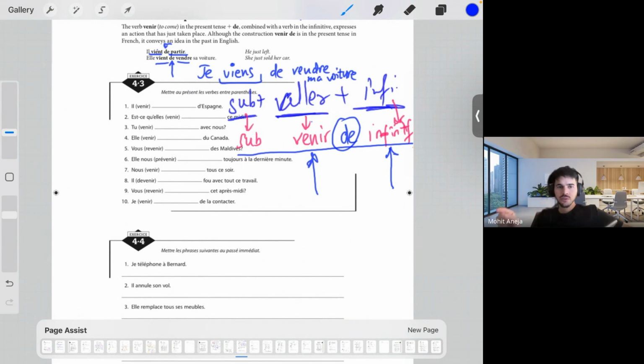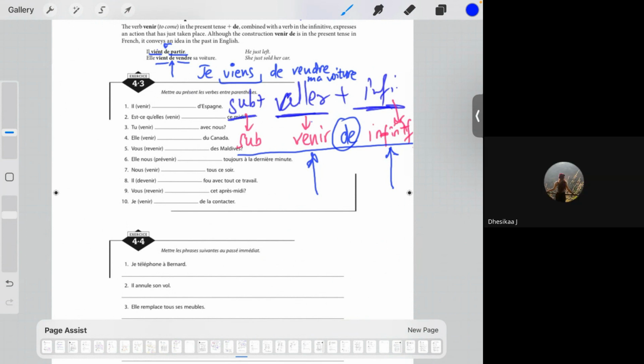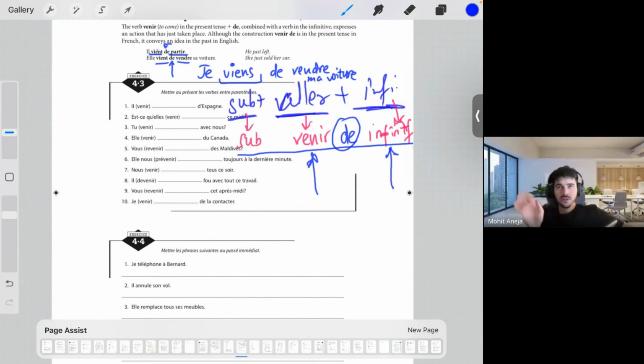Either say le français directly or say la langue française. Langue is actually feminine, but French itself as a word is masculine. Let me simplify it: je vais apprendre le français. I will tell you the difference between le français and la langue française.